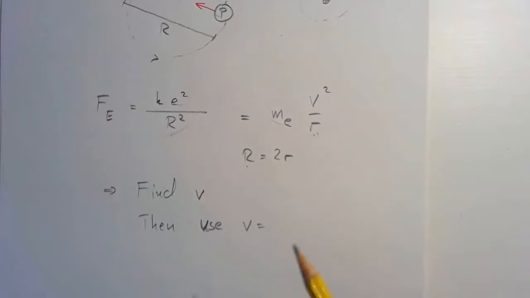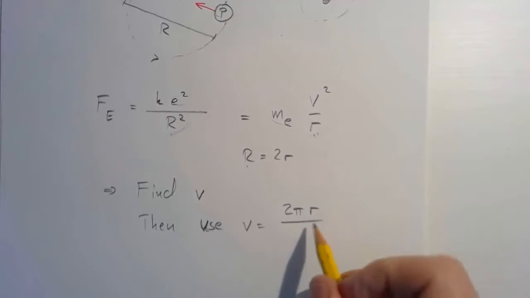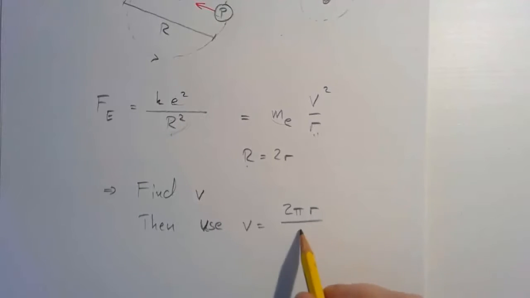V is, well, the speed of something going in a circle is the distance traveled over the time taken. 2 pi r, little r, the radius, not the diameter, not the separation of the two objects, divided by T, where this is the period, the time for going round once all the way.